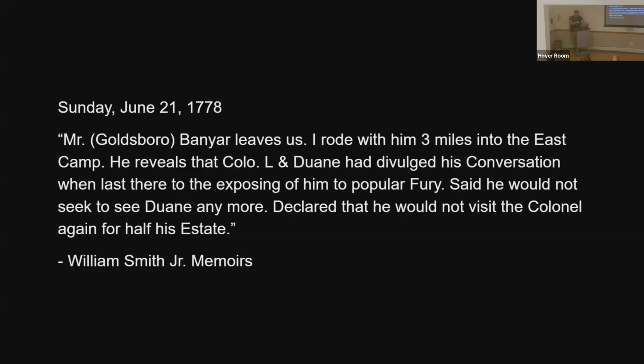He reveals that Colonel Livingston, which in Smith's lingo, when he says Colonel L or Colonel Livingston, he's talking about Robert Livingston Jr., the third Lord of the Manor, by his military title as a young man rather than as his baronial title.